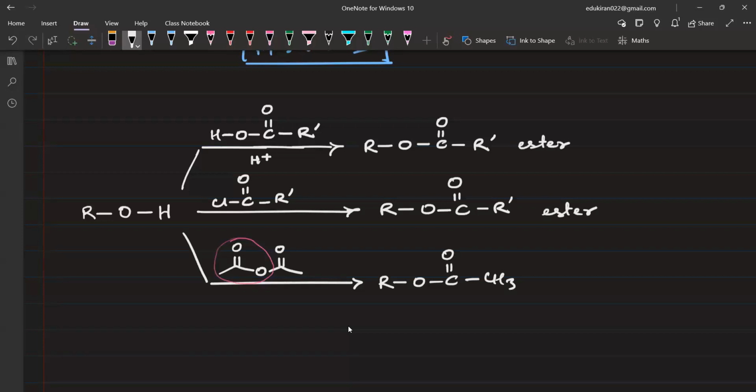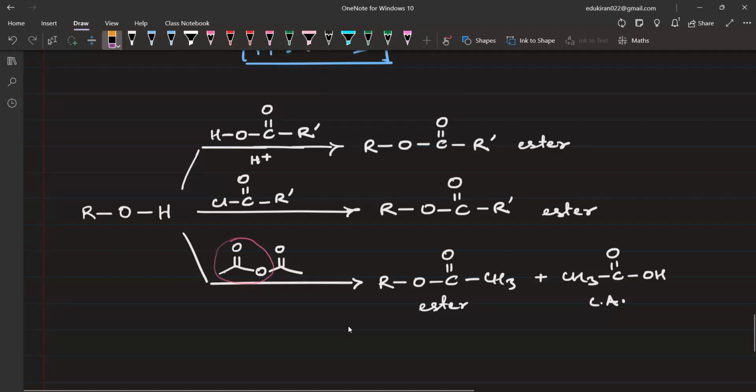Now this is again an ester. Now this particular oxygen will combine with the hydrogen and you will get one more thing, that is CH3 C double bond O and then OH. This is carboxylic acid. Now this is ester. This is carboxylic acid.